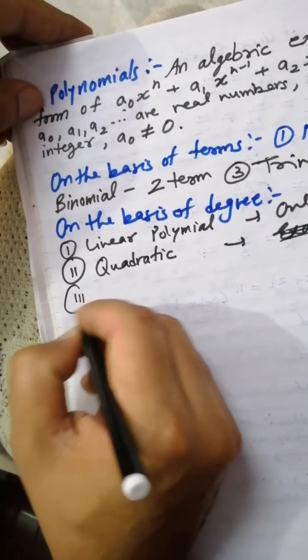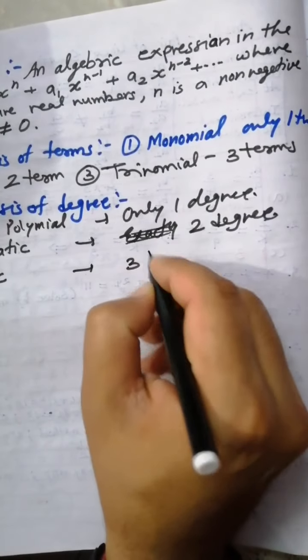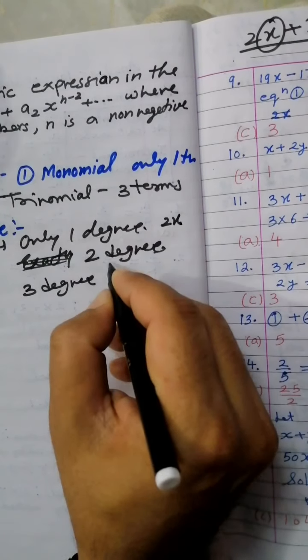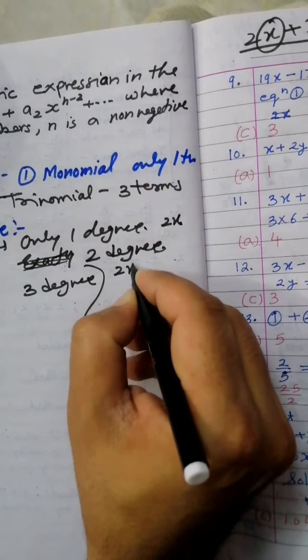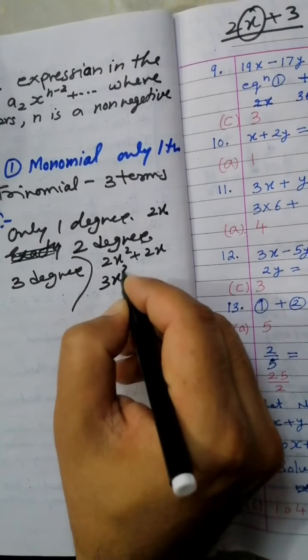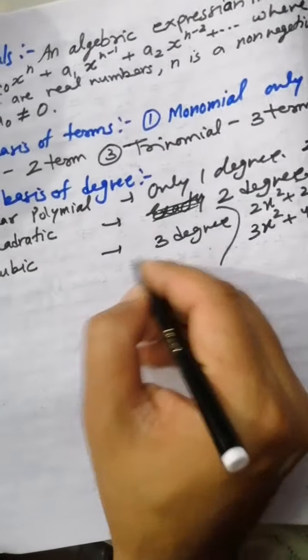Third, cubic. Cubic means 3 degree, any polynomial which has 3 degree. Like linear, we can say 2x. In a quadratic polynomial, we can say 2x square plus 2x, or 3x square plus 4x plus 4. It is quadratic. Now cubic means 3 degree.